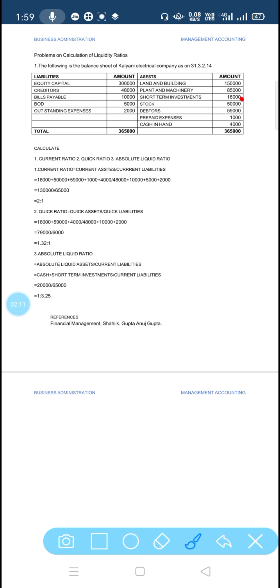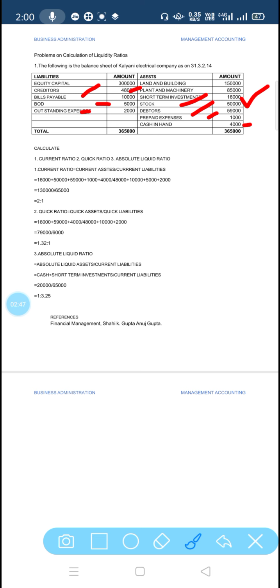Short term investments, stock, debtors, prepaid expenses and cash in hand. These are all the current assets. Then what are all the current liabilities? Creditors, bills payable, bank overdraft and outstanding expenses are the current liabilities of this problem.